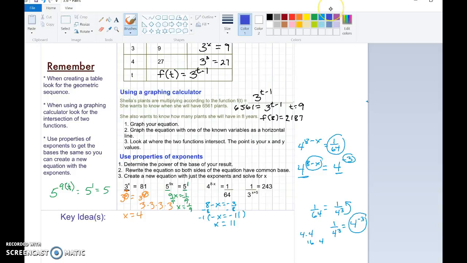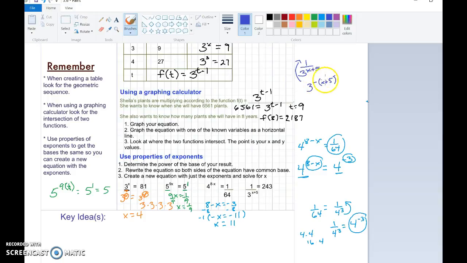So I'm going to work up here, and I'm going to say 1 over 3 to the x plus 5. If I cross the line and change the sign, then this would be 3 to the negative x plus 5. Do you see what I just did? I changed the exponent sign from a positive to a negative.